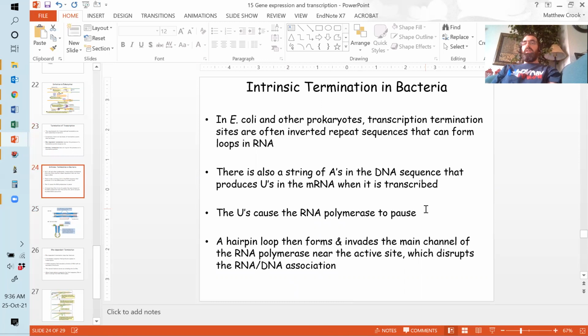There's also another aspect, and this is common to both: RNA polymerases, and actually DNA polymerases too, don't like strings of the same letter. I don't know why, but it seems to cause them to pause.